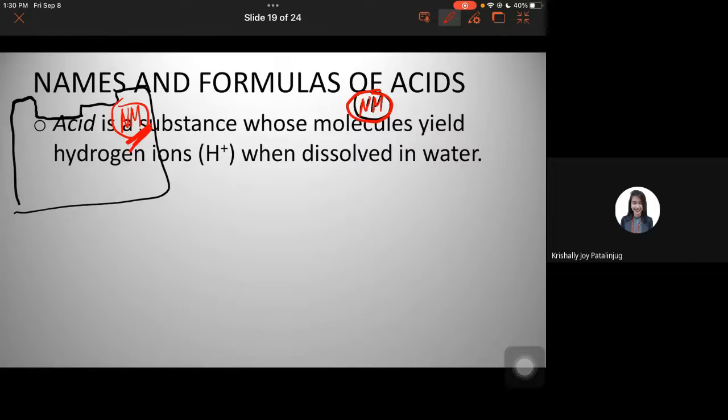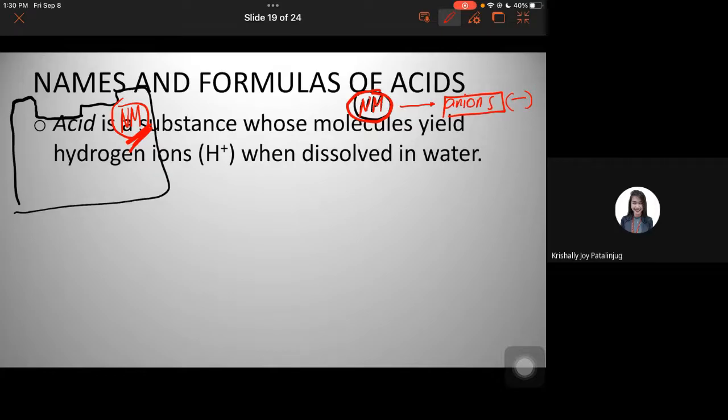So acids are actually derived from nonmetals because nonmetals are the ones that form anions. Okay? So we can derive acids out of anions. Di ba? Anions are negatively charged atoms. Now, based on our discussion last meeting, anion names differ.